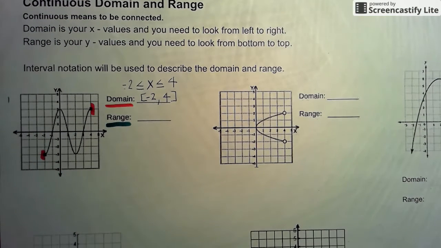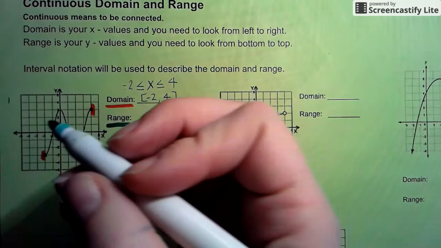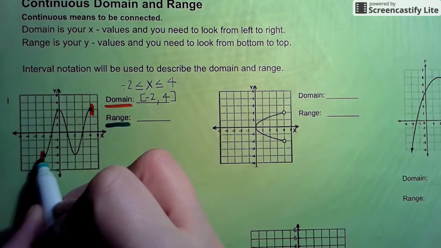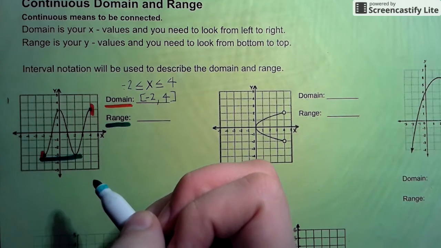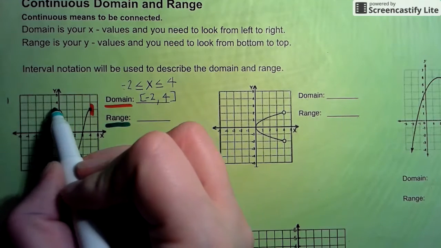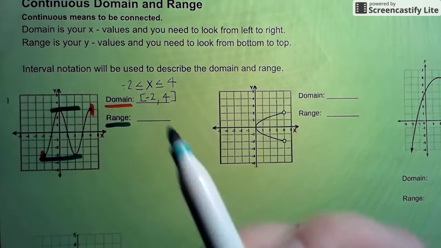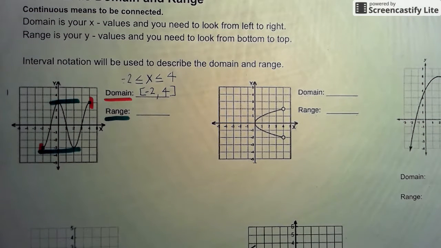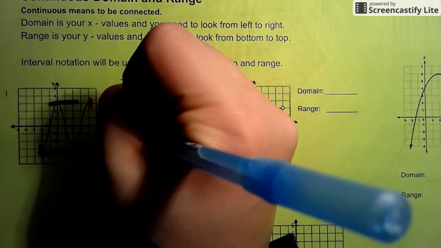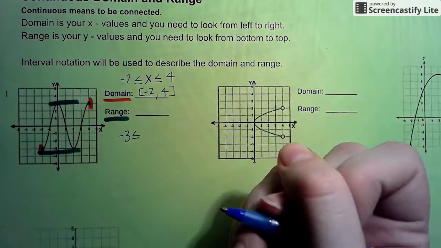Now for range, we're talking about the y value, so we're going to be doing the lowest and the highest point. So the lowest point here is, if you notice, at -3, and the highest point is at 3. So my y values are between -3 and 3, and you're including those.